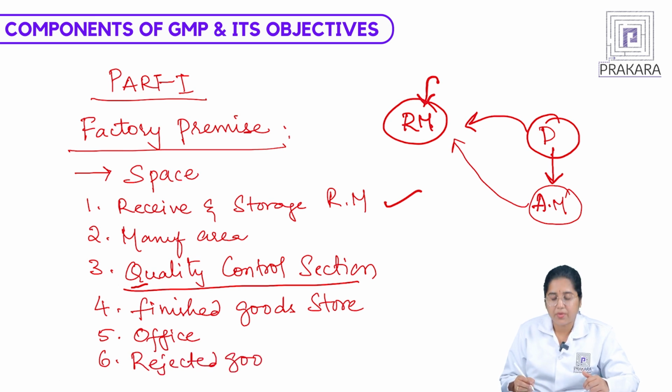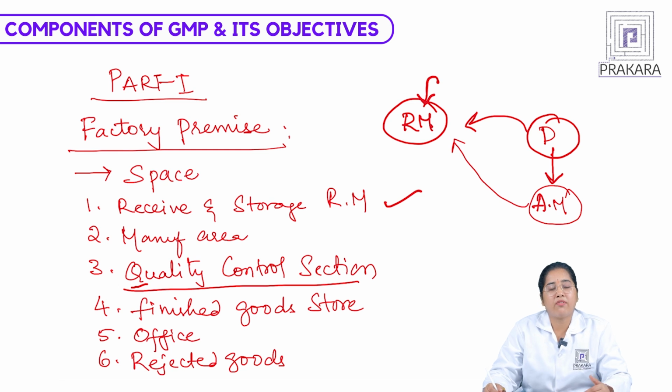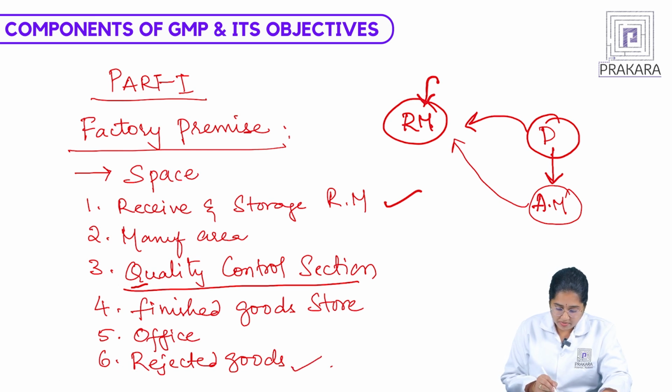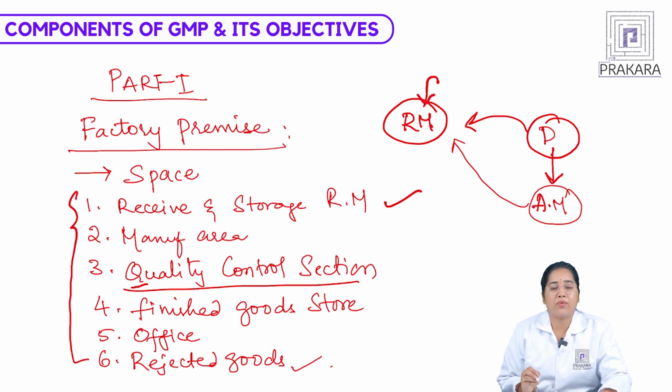Suppose we have formulated one product and it is tested for its evaluation. If any failure occurs, and the product is not good for the therapeutic activity we thought, at that time we reject that product. So there must be a space for the storage of rejected goods also. This is the space which we require in the manufacturing unit for the development of any product.